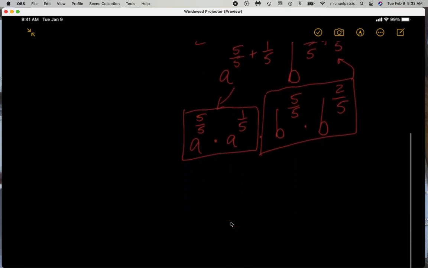Now, you could simplify this. A to the 5/5 is just a to the 1 times a to the 1/5 power times b to the 1 times b to the 2/5 power.